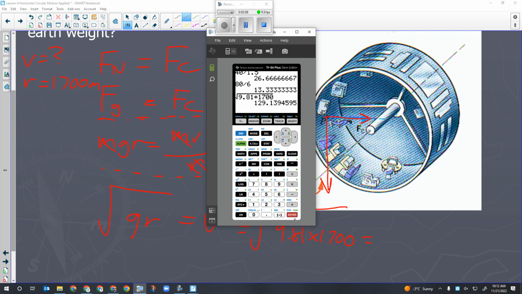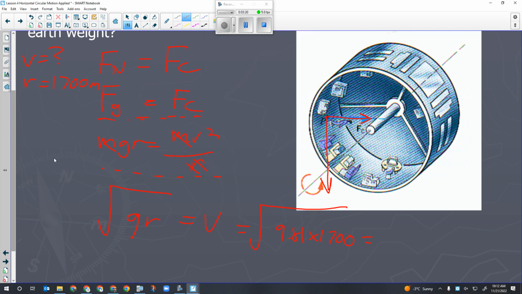All right, so we're looking at 129 meters per second. Actually, 129.1, because we would have four significant digits here. Is that fast? Yes, it's very fast.